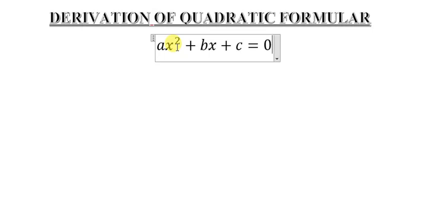Remember that in using the completing square approach, this equation that we have here should have 1 as the coefficient of x squared. So the first thing we can do is divide each term of the equation by a.